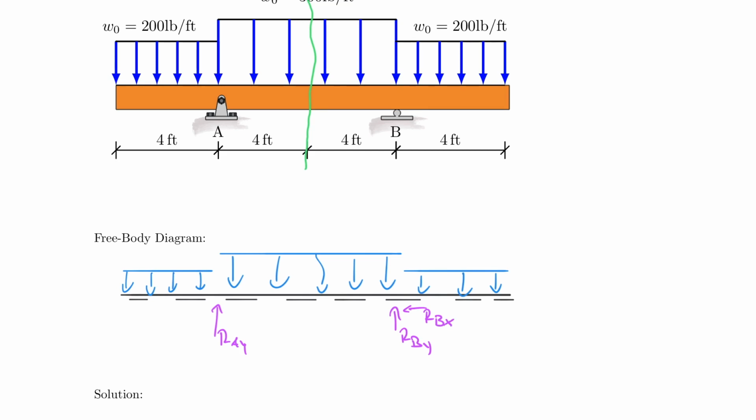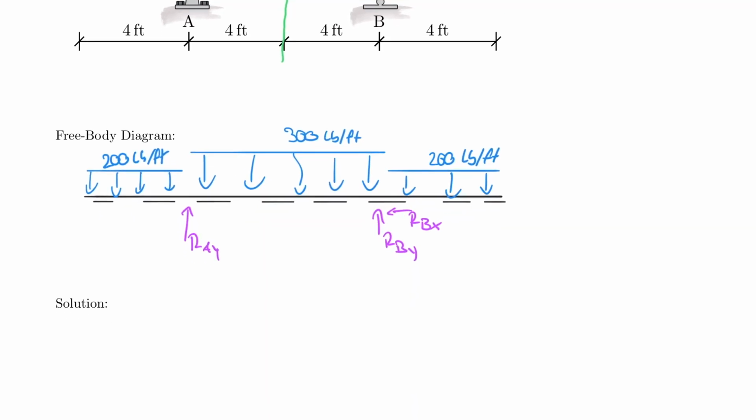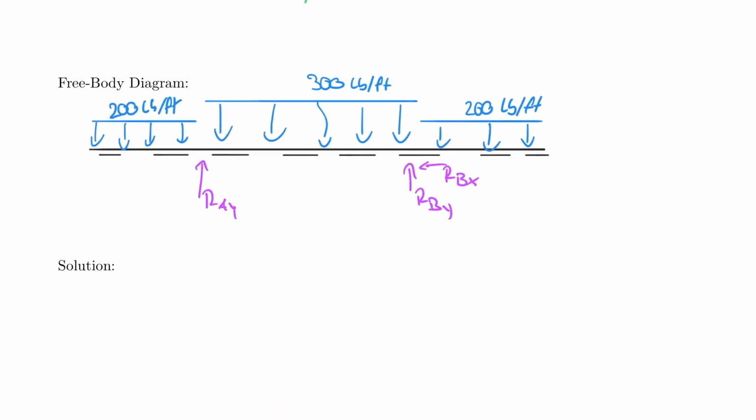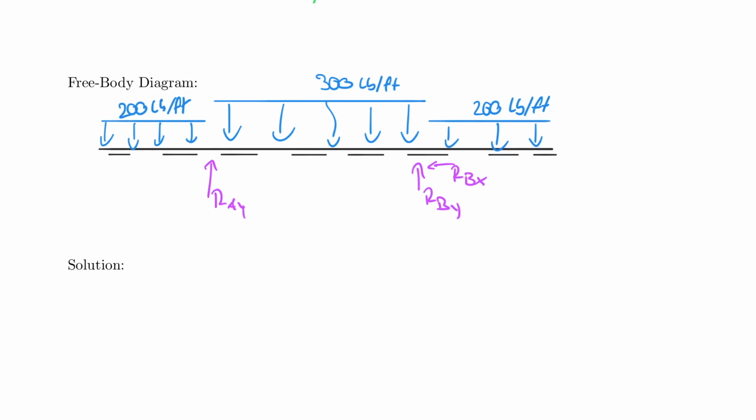And just so that I don't have to move up and down here, this is 300 pounds per foot, and then here I have 200 pounds per foot. And of course here I also have 200 pounds per foot. And now I can go ahead and calculate my support reactions by taking the sum of the moments about any point.